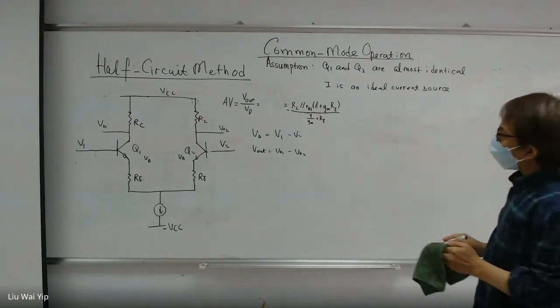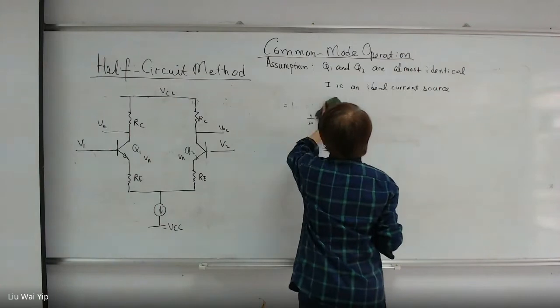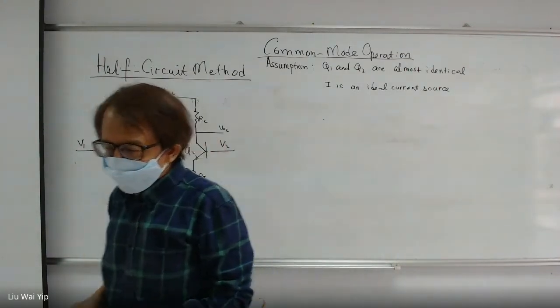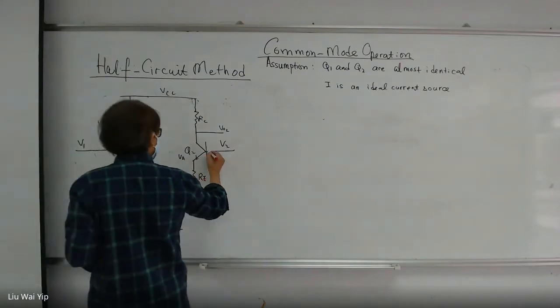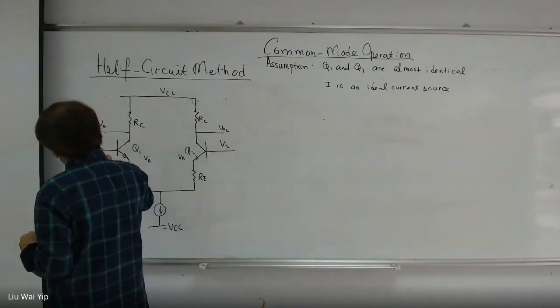Remember what we have done yesterday. I know some of you guys are not here. That's okay. What I had done yesterday was I told you what the exact input is. The input to a differential amplifier has V1 and V2.